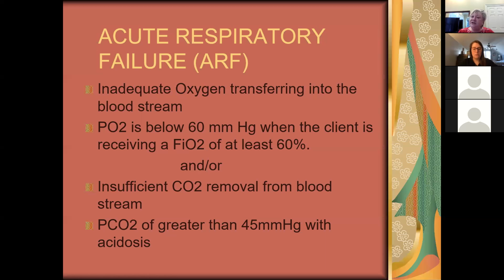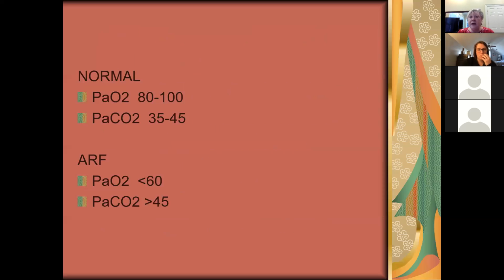Now, this is the definition according to Lewis. You could pick up Iggy's book, Donna Ignatovich's book, and she might say less than 55. I don't care if you're saying 60 or 55. I don't care what number you're saying. Acute respiratory failure means hypoxia with or without an increase in your PCO2. That's the answer.